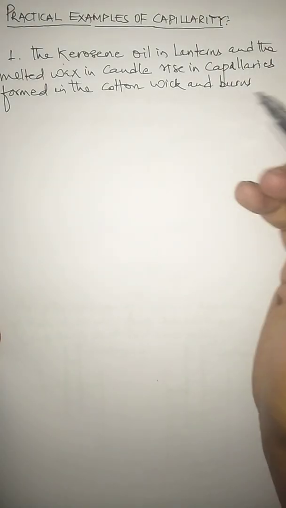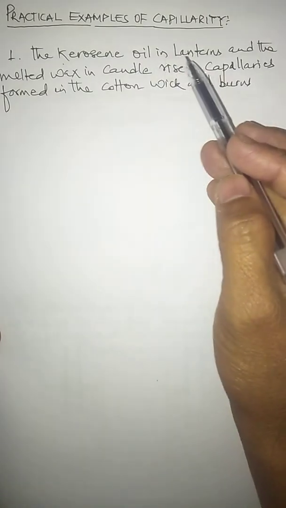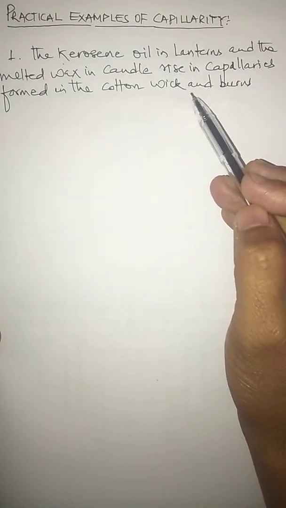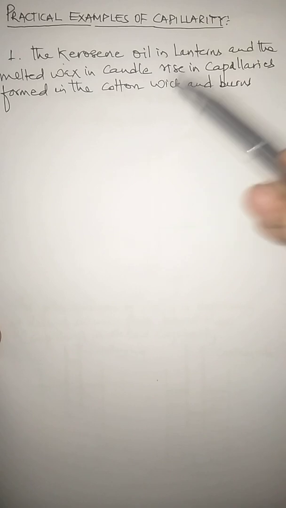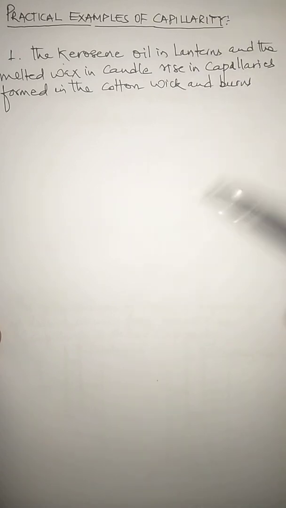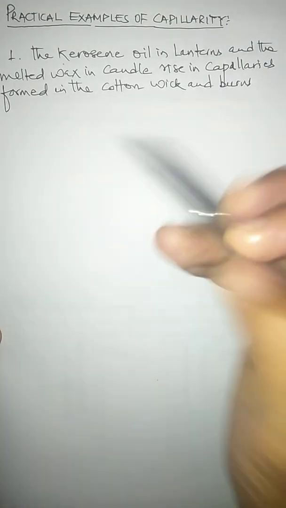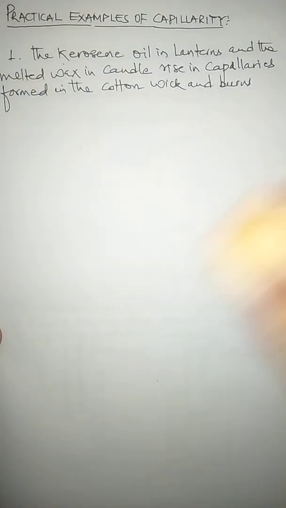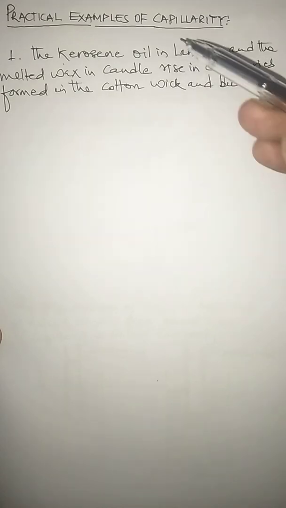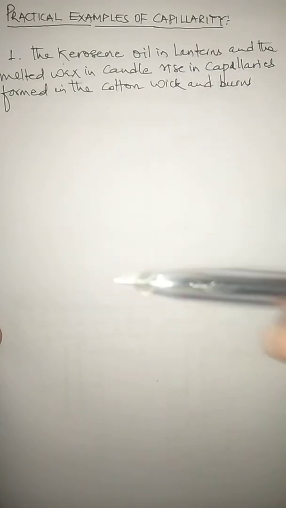Now this candle and the lantern consist of cotton wicks, and these cotton wicks continuously burn due to what? The kerosene oil and the melted wax continuously rise in very small fine holes, which are called capillaries, in this cotton wick.